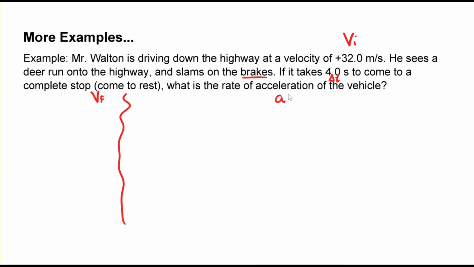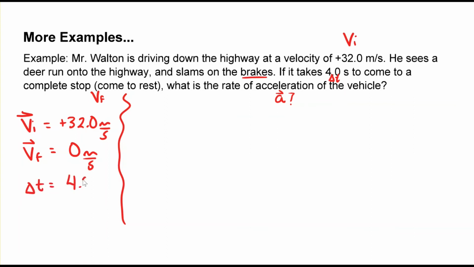What is the rate of acceleration? So let's do this. VI is positive 32 meters per second. VF, we already know, is 0 meters per second. And it takes 4 seconds to do that. What is the rate of acceleration?